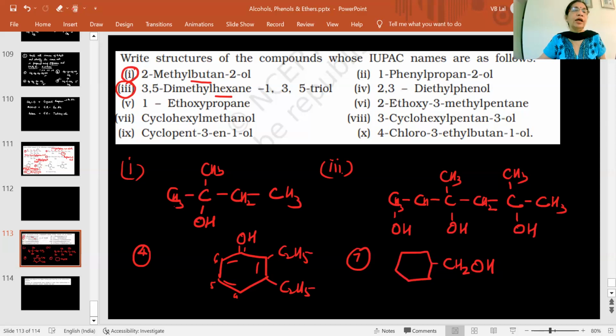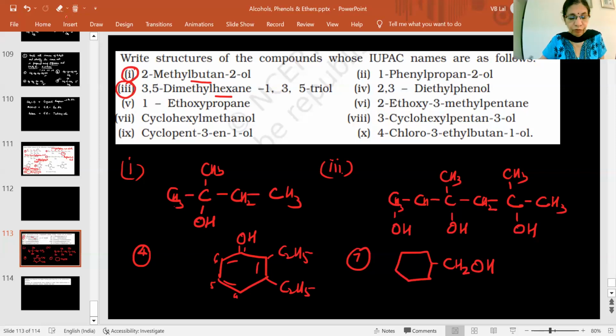This is cyclohexyl methanol. Don't confuse it with benzyl alcohol. In benzyl alcohol, this one will have a benzene ring, then it will become benzyl. But what are we making? Cyclohexyl methanol.